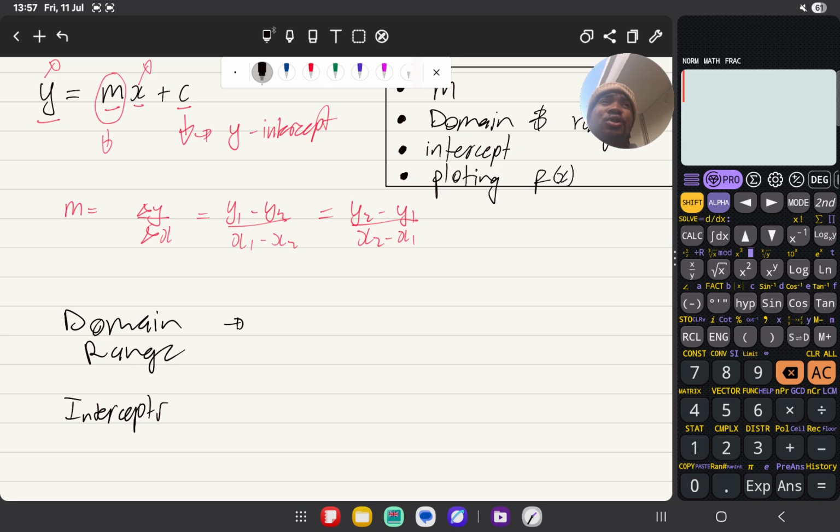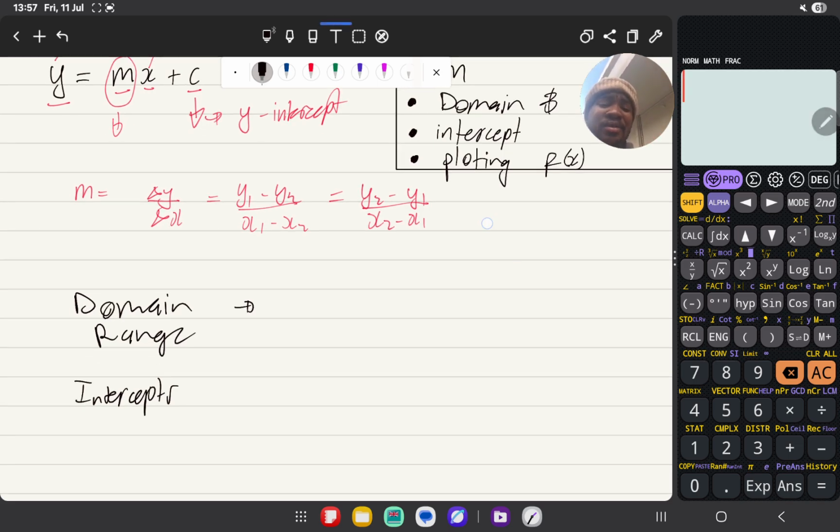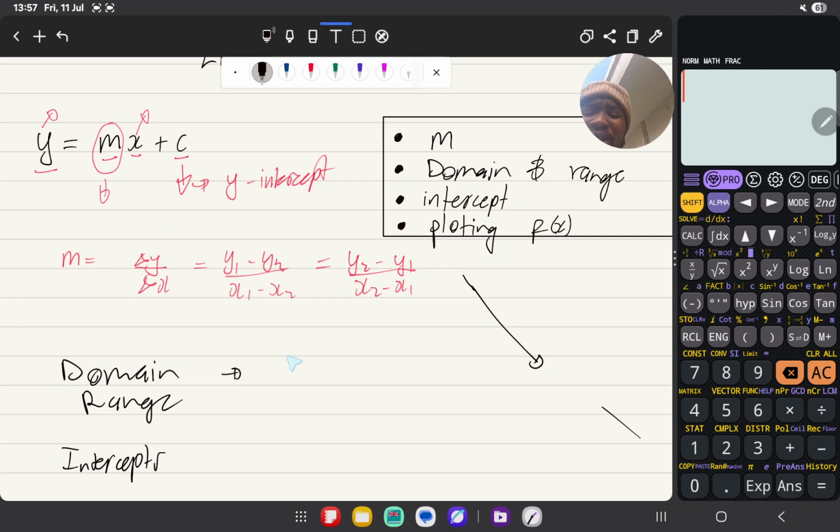But here, unfortunately or fortunately, there's no limit. Any linear function goes down like this and goes up like this, so every value is defined here. With a straight line you don't have to stress. When you get a question asking for the domain and range, you don't have to think about it, because it's always from negative infinity to positive infinity, and the same for the range.